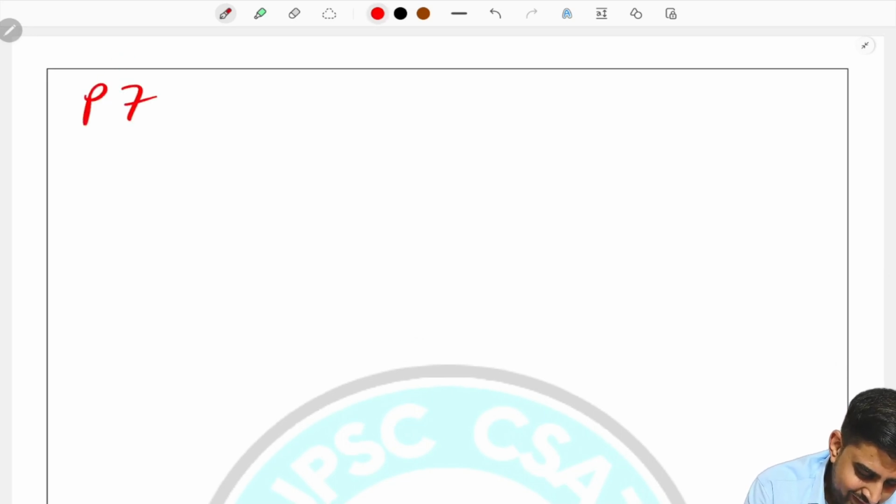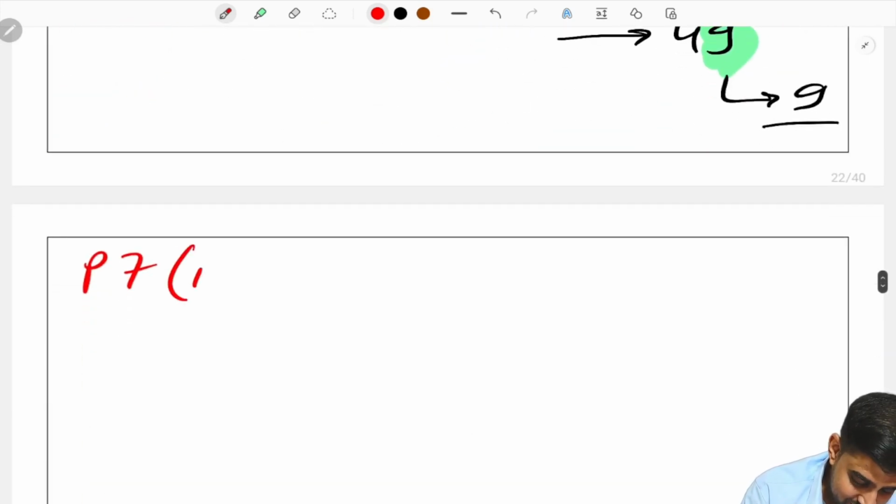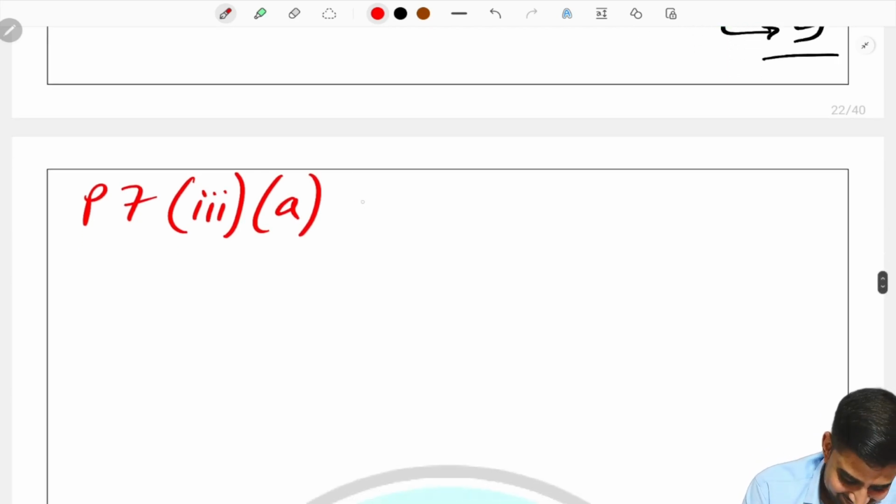I am making properties now. It's 3, na? So what does it say?